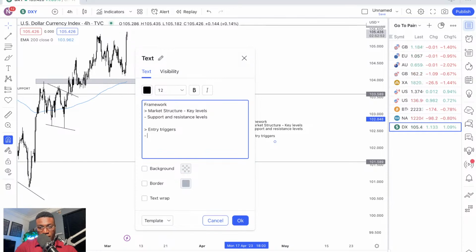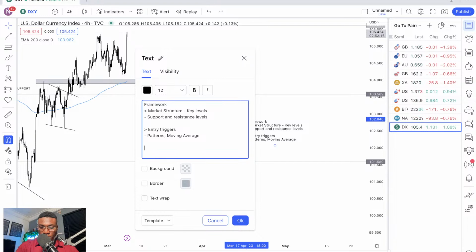And your entry triggers can be patterns, could be chart patterns, could be candlestick patterns. You can also use the moving average as your entry trigger. And I would also be applying this framework to the analysis to help you understand better how to use your key levels, how to identify patterns and apply moving average as your entry trigger to your analysis as well.